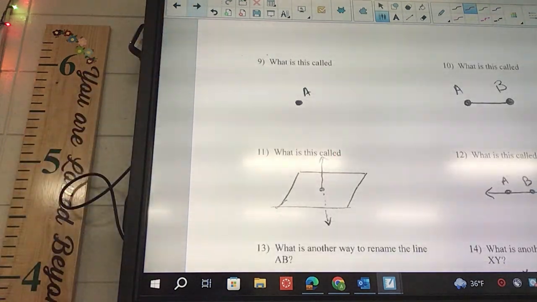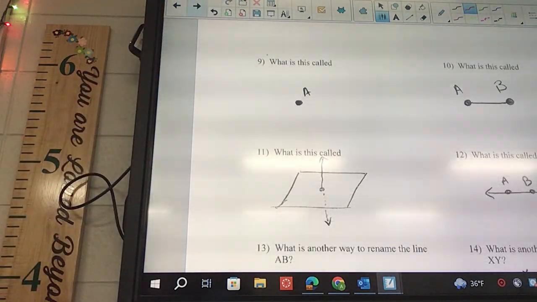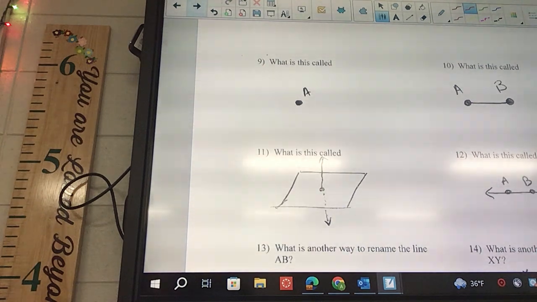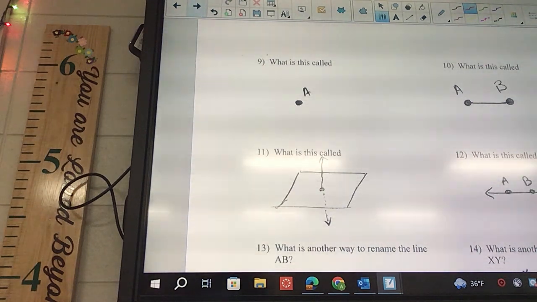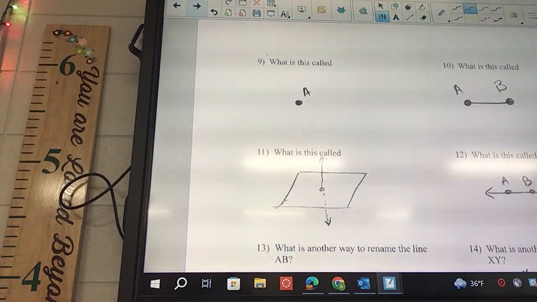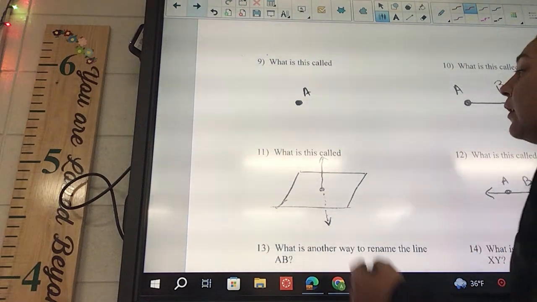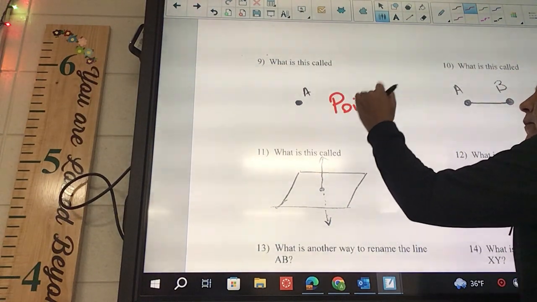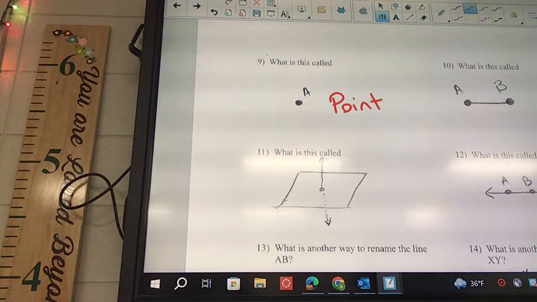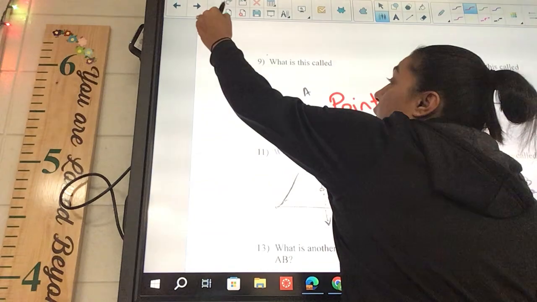Number 9. What is that called? I'm gonna go over it. It's a point. So we had a point, a line, a plane, a segment, a ray. This is called a point. Number 11. What is that? So we know that this is called a point.